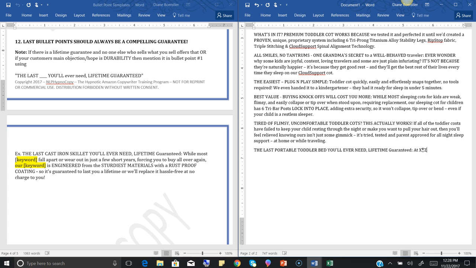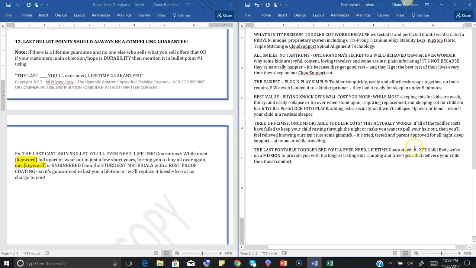Let's say at XYZ Child Beds, that's our name apparently, we're on a mission to provide you with the longest lasting kids camping and travel gear that delivers your child the utmost comfort.